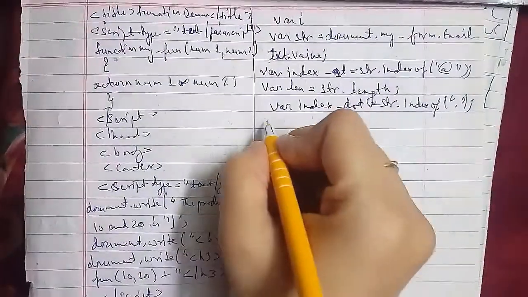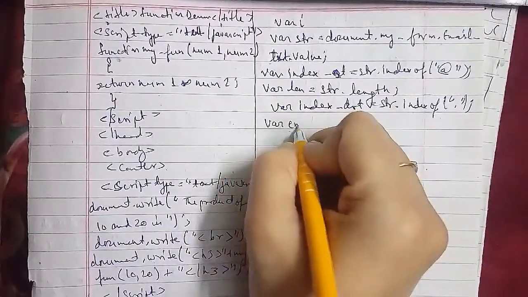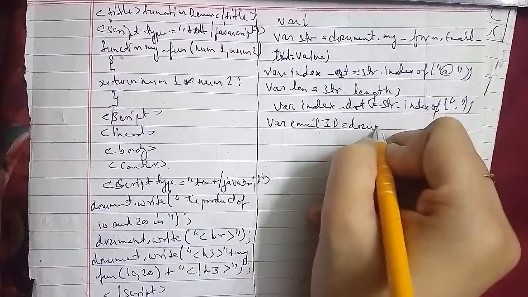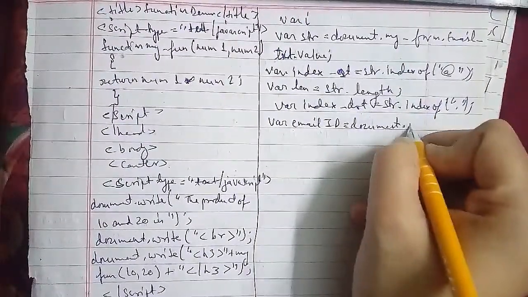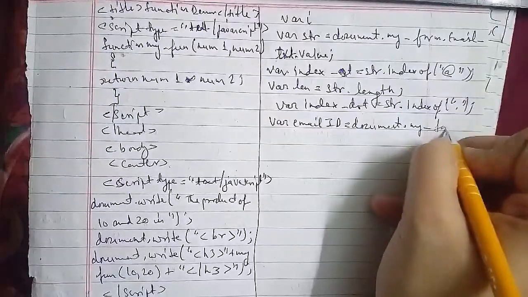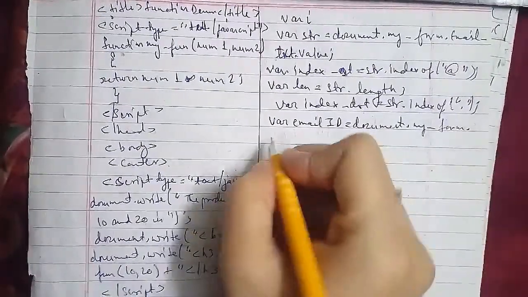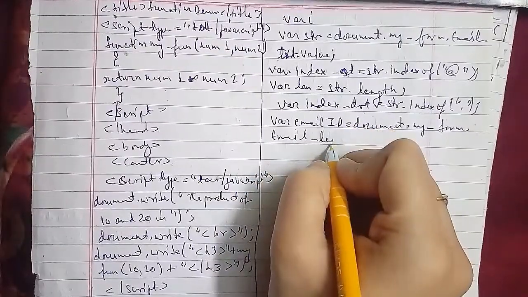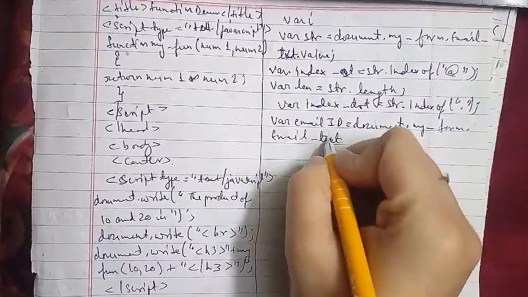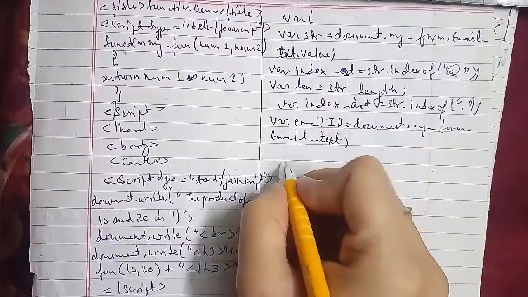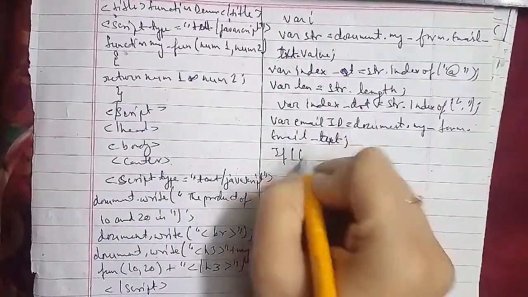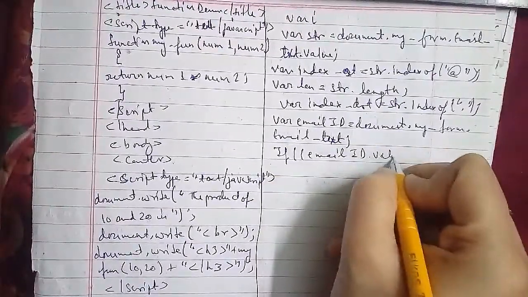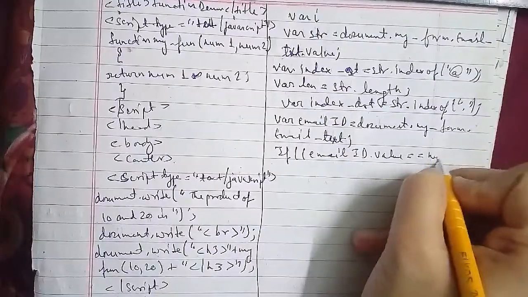Then we start with another curly bracket, that we have alert, please enter your email id, emailid.focus, return false, then close the curly bracket which we had opened here.